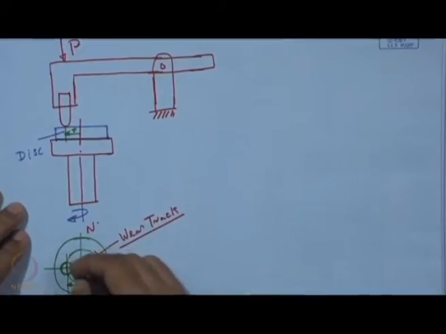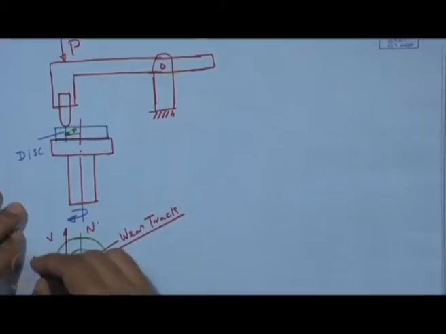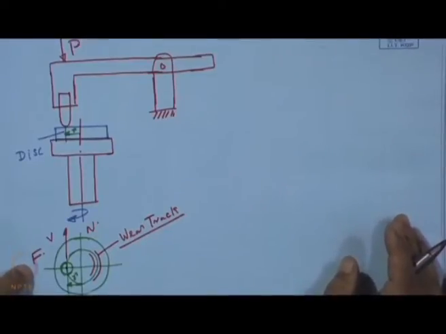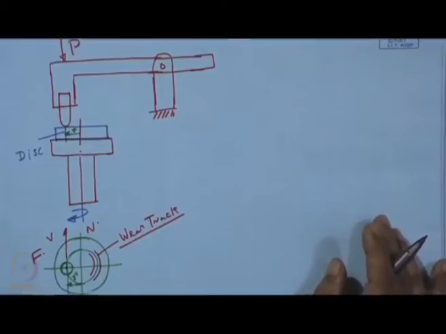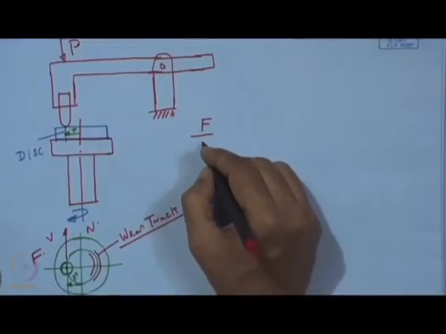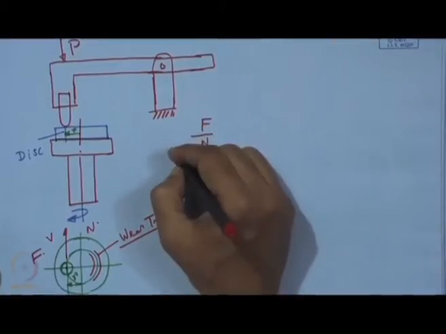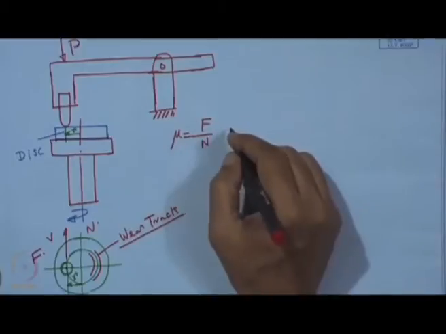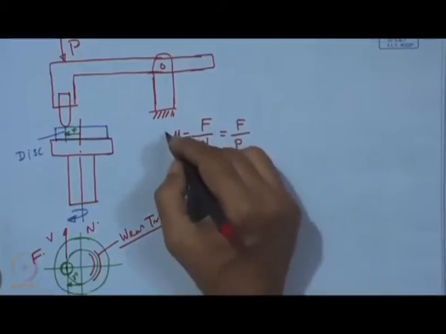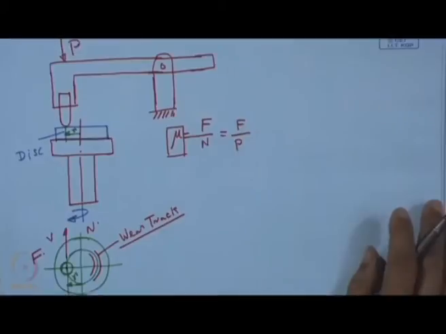What is important to know is that in the direction at this point, this is the sliding velocity, and this is also the direction of friction force, which we show by the symbol F. This friction force has to be continuously monitored, and then F by P, where P is the normal load, is the coefficient of friction.